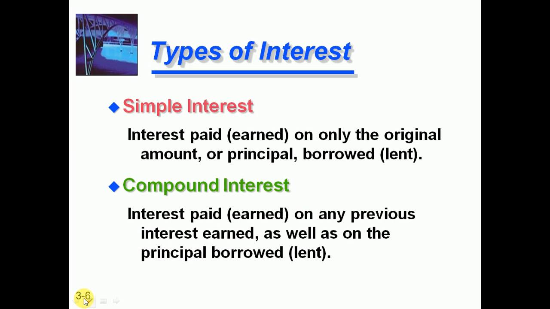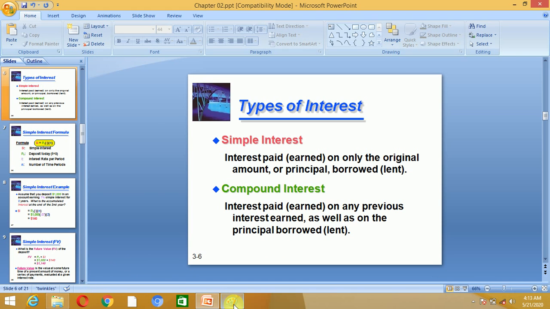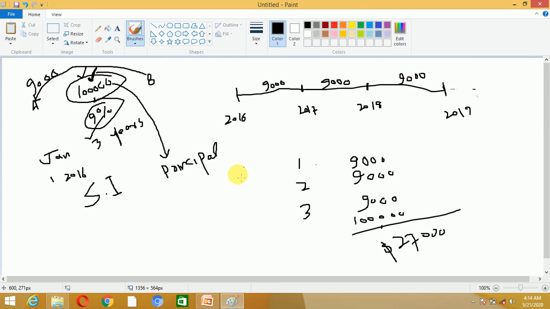What does it mean? Take again the same example, but now it is not simple interest. It is now compound interest. Now what will happen?